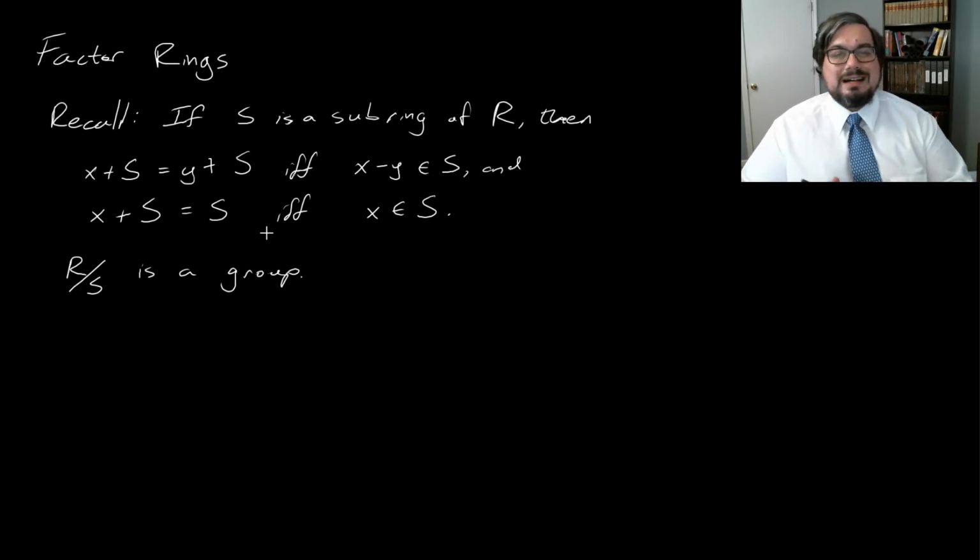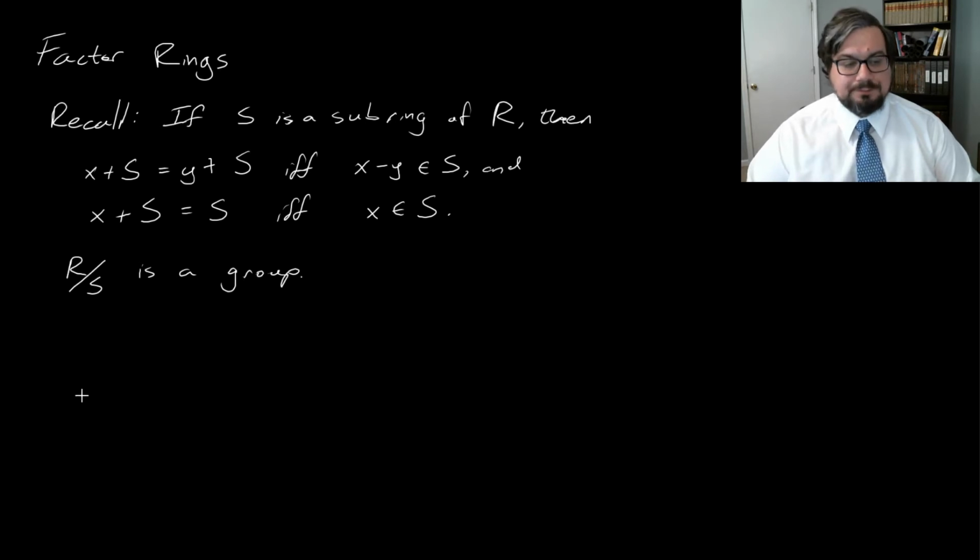Remember that all rings are abelian groups under addition, and therefore any subgroup of them, in particular any subring, is a normal subgroup, which means we can always construct the factor group R mod S for any subring S. However, where we might run into trouble is in defining the multiplication.